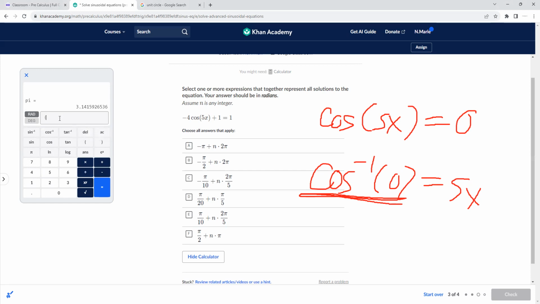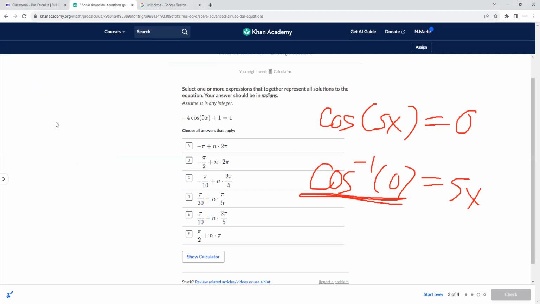It's best to actually have a calculator that will do this for you. You know what? I'm going to use my actual calculator. So if I do pi over 2 divided by 5, I would get pi over 10.